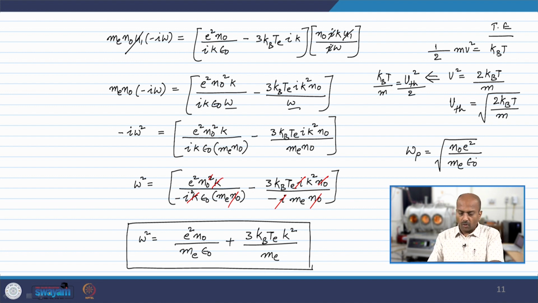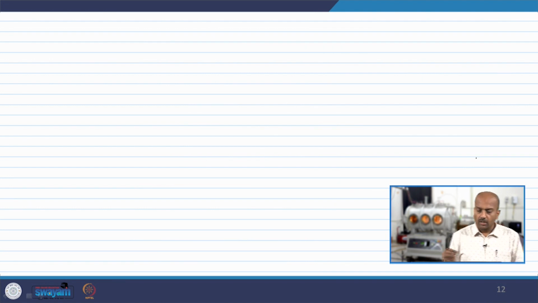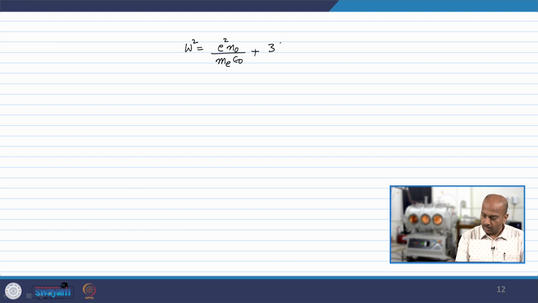So, we can substitute all of these things into the equation and we can rewrite omega square is equal to e square n naught by m_e epsilon naught plus 3 k_B T_e times k square, the wave vector, by m_e, right.